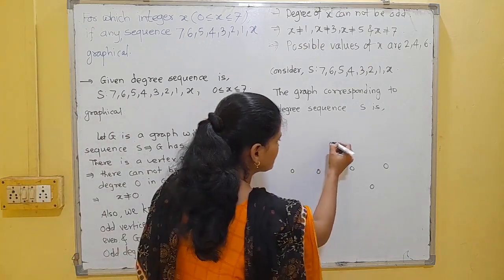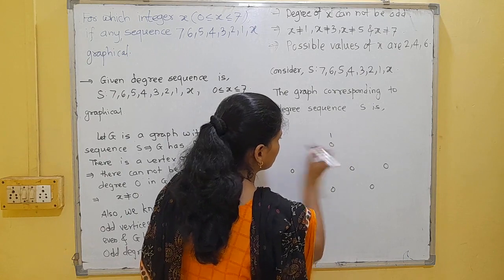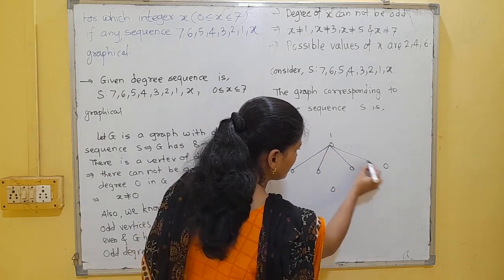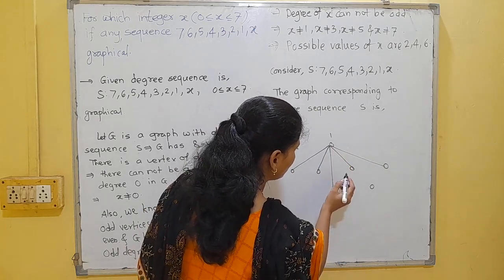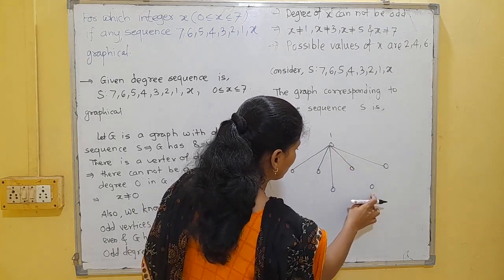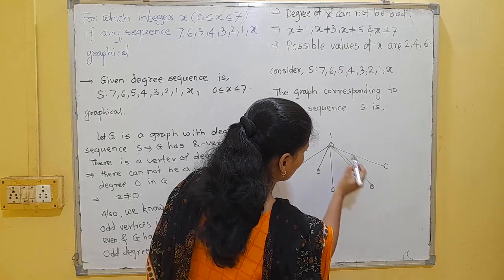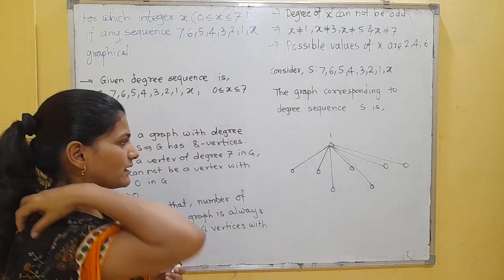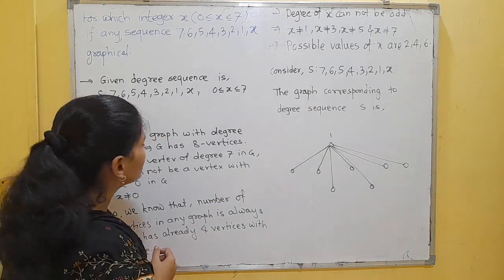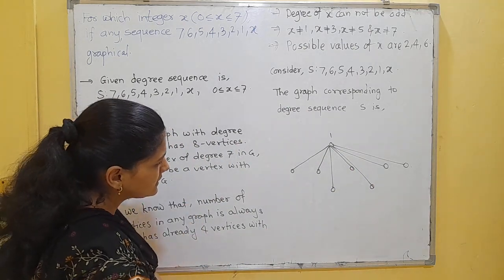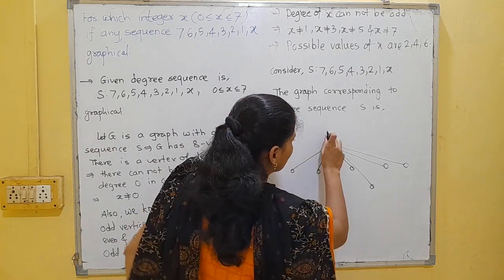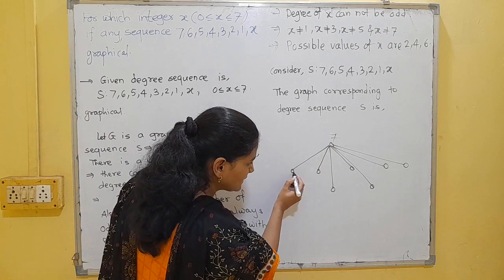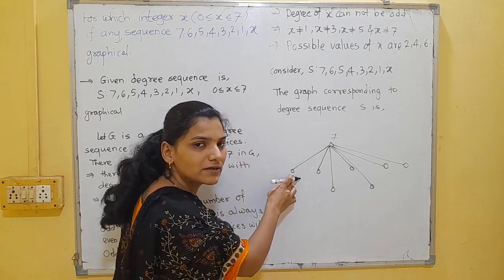So I am considering the first vertex with degree 7, and this is a vertex with degree 7, so I am writing here 7. Now there is a vertex of degree 6. I am considering this vertex and making the degree of this vertex 6.